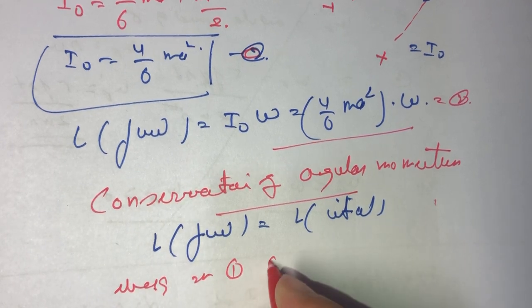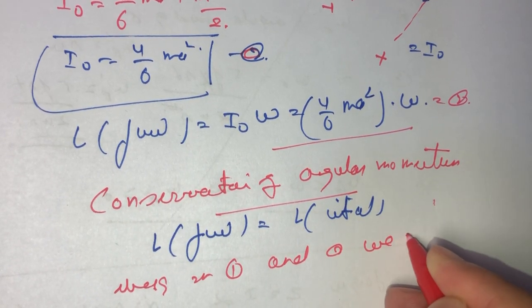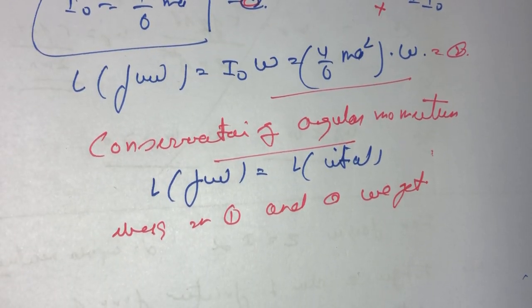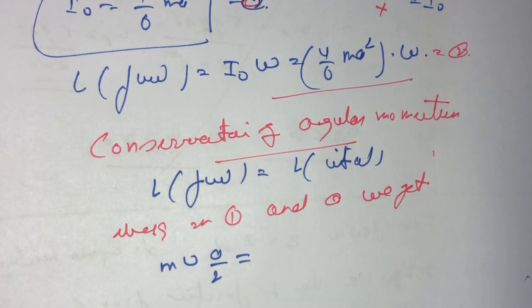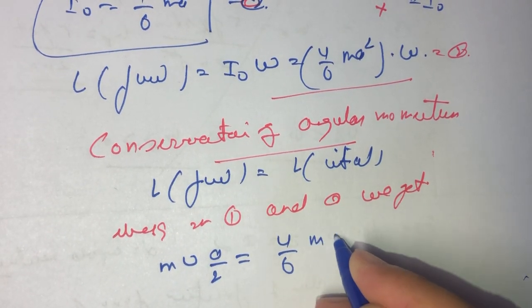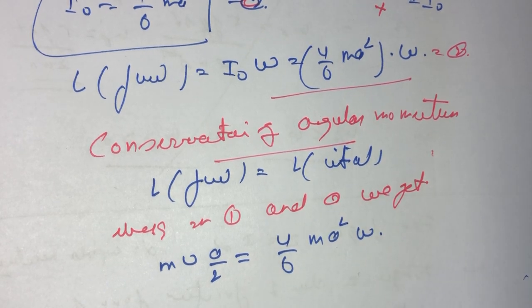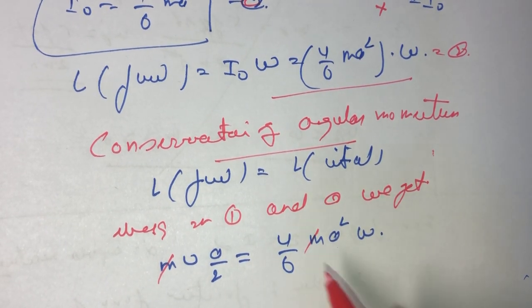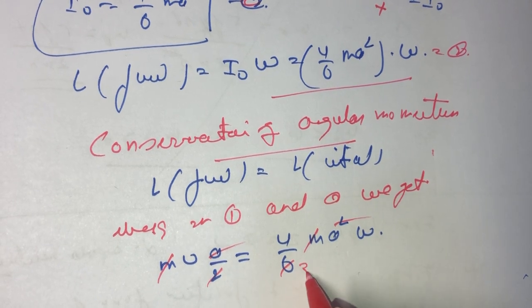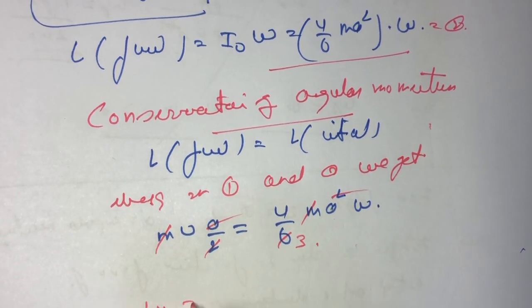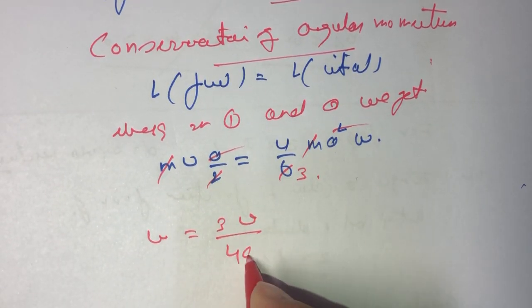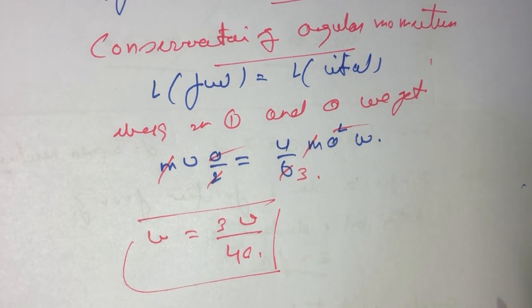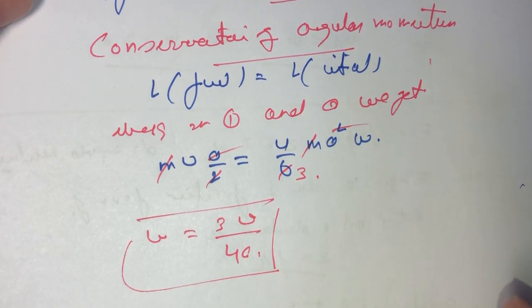Using equation 1 and 2, we get L initial was our m v a by 2 is equal to 4 by 6 m a square omega. m and m cancel out, a goes with this square, and this comes as 3. So we can say that omega is equal to 3v divided by 4a. This is our angular velocity of the pivot.